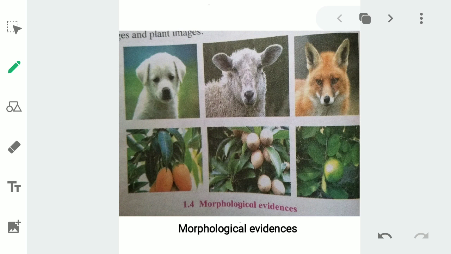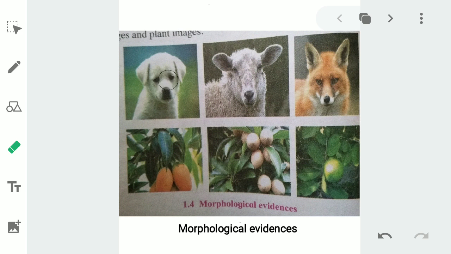Now this image is taken from your textbook page number 4. The first row shows the animal images, in which the first image is a dog, then the second one is a sheep and a fox. What visible similarities can you see in these animals? See, the position of nostrils is the same, right?